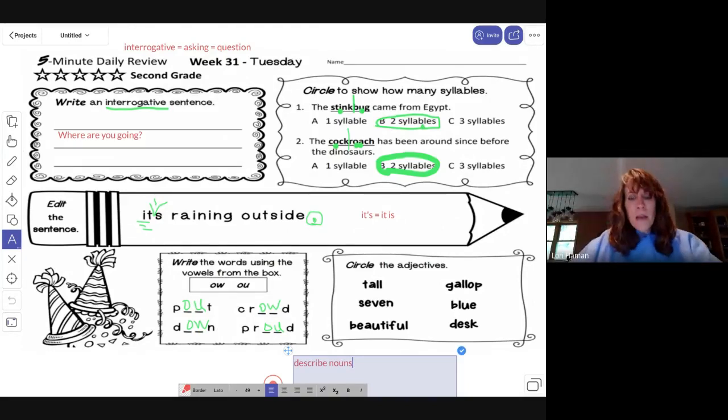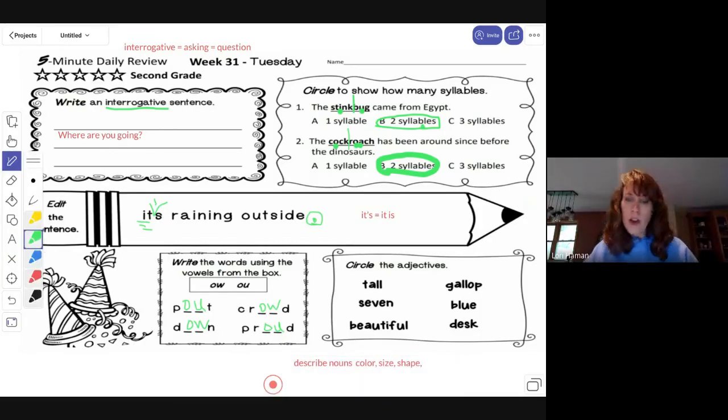Lots of times, adjectives are color words, size words, shape words. They can also tell the number of something. Okay, so let's see. Would tall be an adjective? Could tall describe a person, place, or thing? Yeah, you could say that is a tall person, or that is a tall building, or that is a tall tree, right?